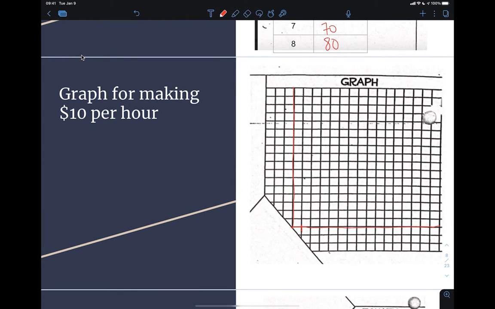I'm going to go by ones on my x's. Notice how I'm labeling it. Please do the same. Don't forget to label x is hours. Y is money. And I'm going to go by fives. Please do the same.